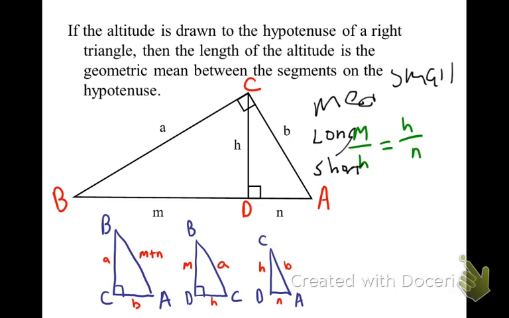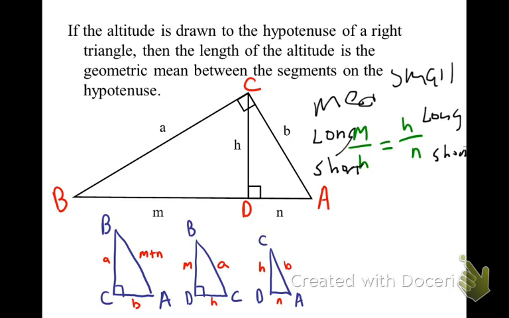The long side of the small triangle is the H, and the short side of the small triangle is the N. Now the reason that this is important is, as we write these proportions, we have to put the parts in the same order. So we're going long length over short length for the medium triangle, and long length over short length for the small triangle.